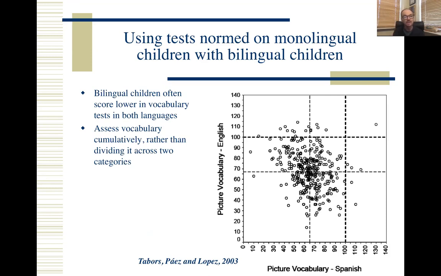And that's because we're assessing bilingual kids with monolingual measures. And those almost always will predict lower vocabulary scores in each language because it doesn't take into account the full vocabulary of the students. So assessing vocabulary cumulatively is usually more effective than the two monolinguals framework, which is what this is representing.